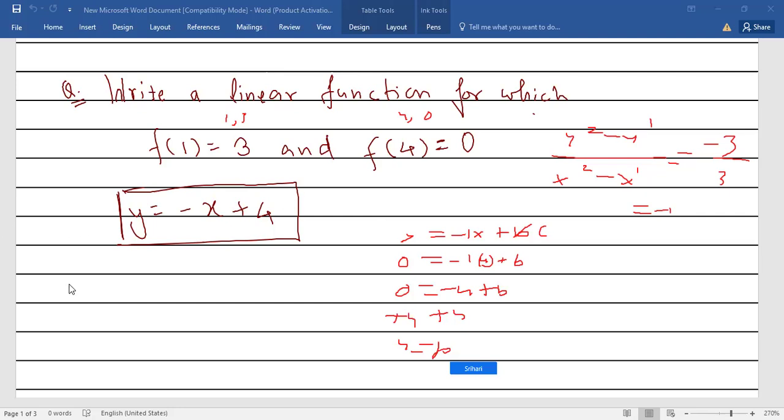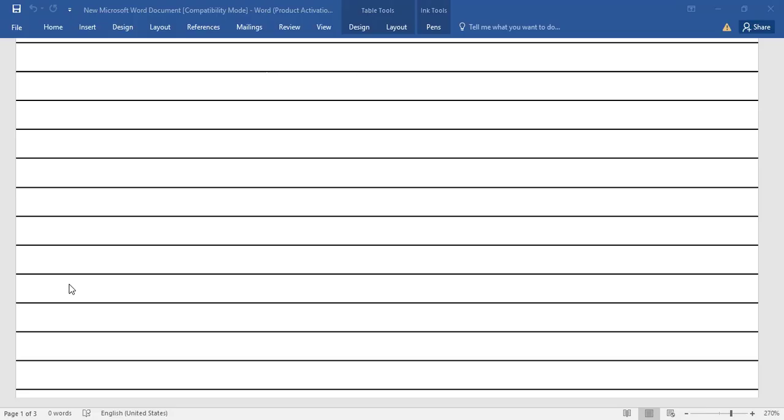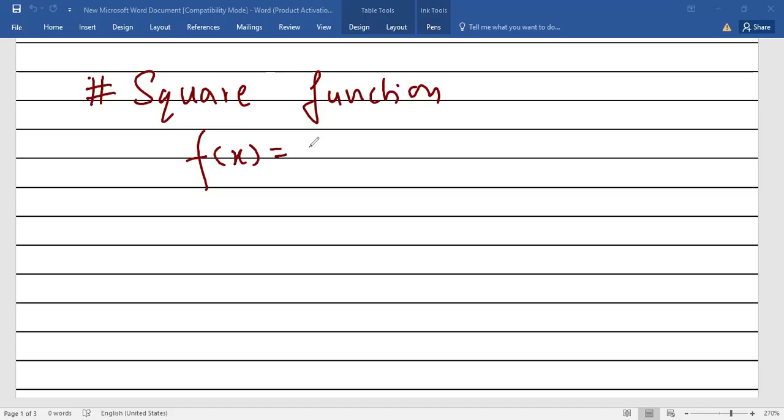Now let's move to another parent function, that is the square function. Let us take first a very simple square function. f(x) is equal to x squared.